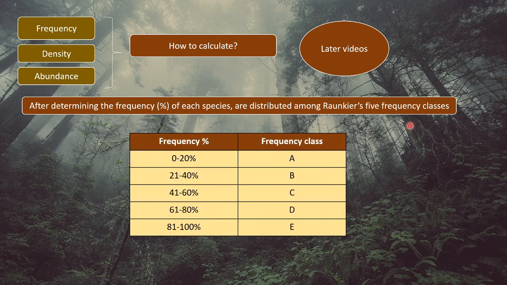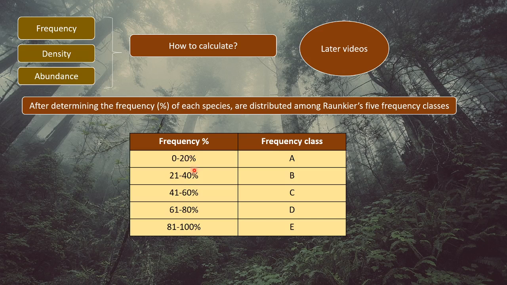So Raunkiaer actually gave 5 frequency classes. What Raunkiaer told is that all those species that have 0 to 20% frequency will fall under class A. 0 to 20% frequency means that the frequency rate of that particular species is very low, meaning it is not present in a larger number.